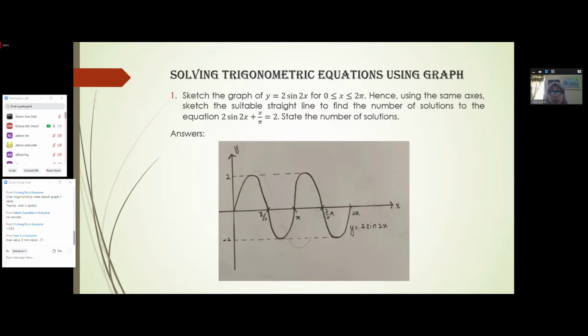Okay, the second part of the question, using the same axis, meaning that using the same graph, sketch a suitable straight line for the solution to the equation 2 sine 2x plus x over pi equals to 2. Okay, we're done with the graph here.